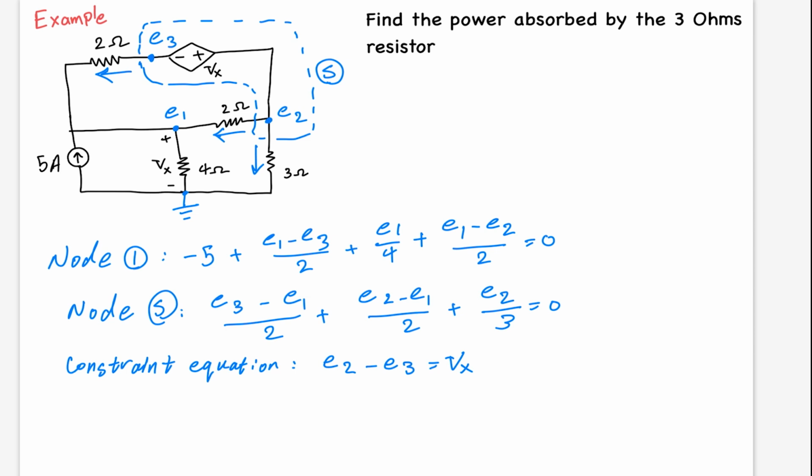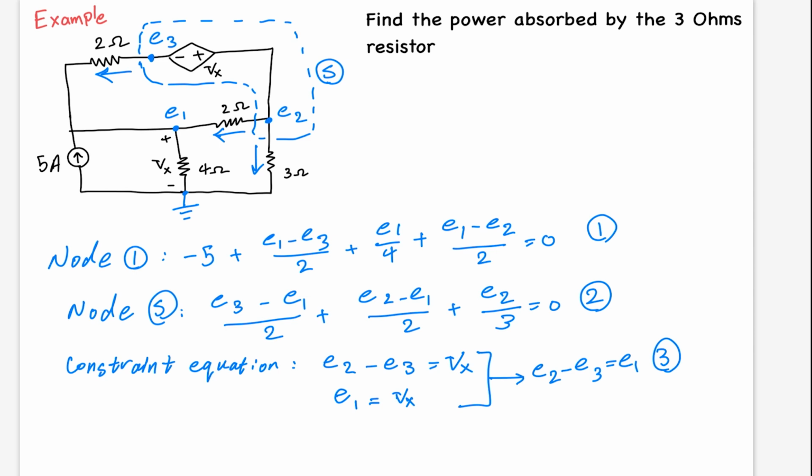And also we already know that E1 is equal to Vx. So from this, we can derive E2 minus E3 equal to E1. So overall, we would have 3 equations and 3 unknowns, E1, E2, and E3.